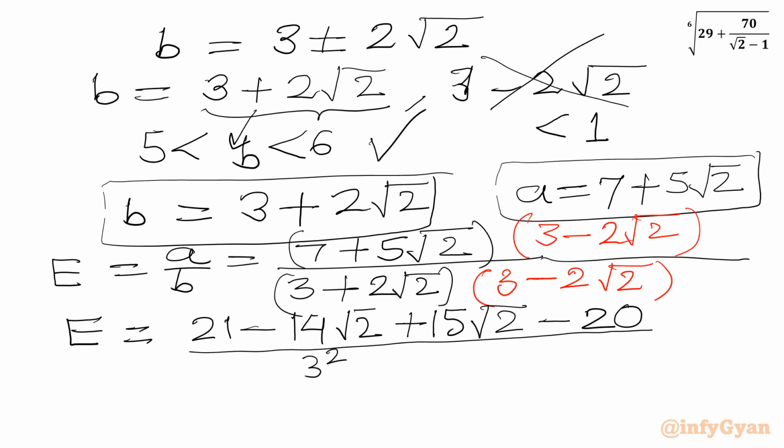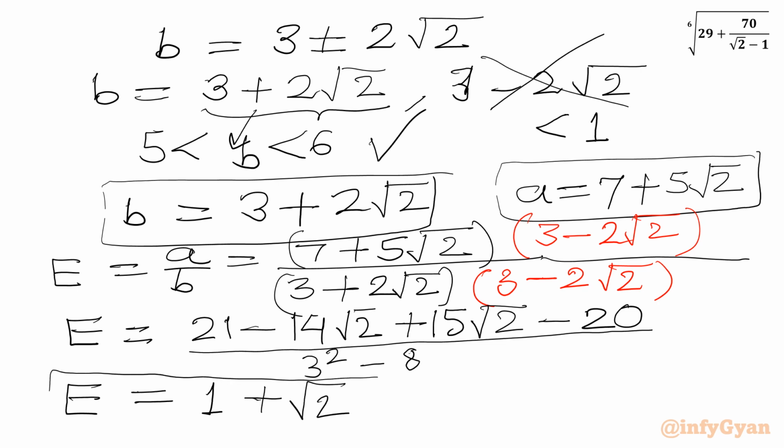We will write 3 square minus (2 root 2) whole square is 8. So 9 minus 8, denominator is 1. So we will write expression equal to 21 minus 20, 1, 15 root 2 minus 14 root 2, root 2. So our final answer for this problem will be square root 2 plus 1, or 1 plus square root 2.